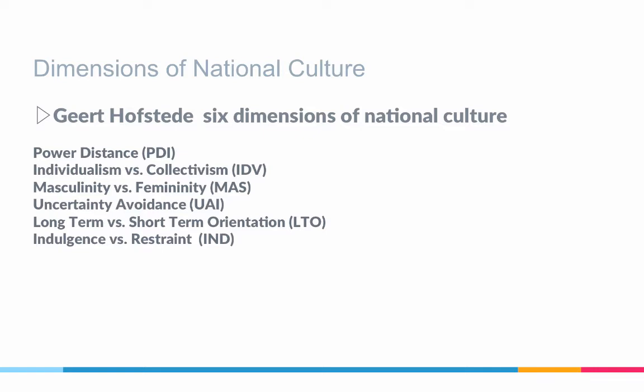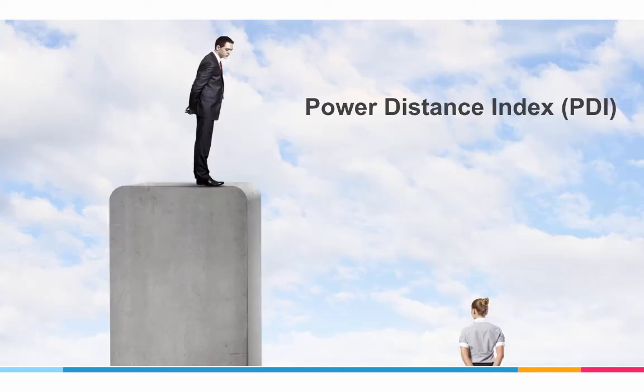In his research, Hofstede identified 6 dimensions of national culture. We'll look at each of those in more detail. Power distance is defined as the extent to which the less powerful members of an organization and institutions accept and expect that power is distributed unequally.